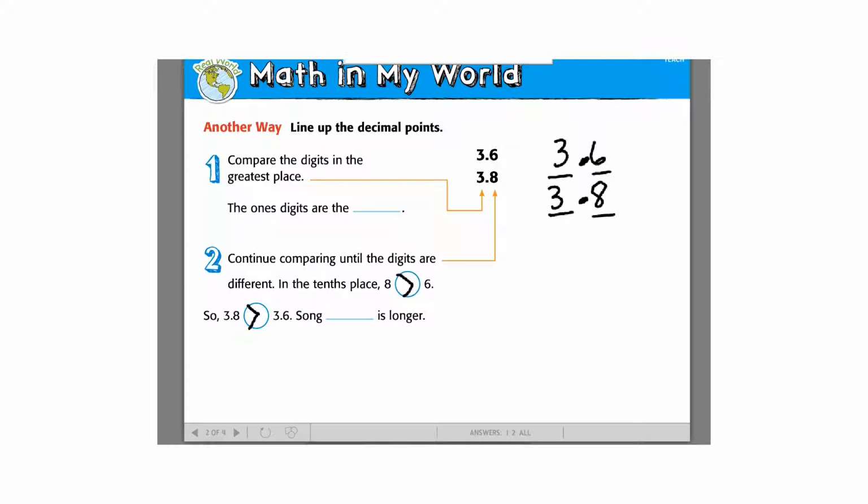That's what I meant to say. So that would be song number 2 is longer. Yes. And there's still one more question. It says the ones digits. The ones digit. Okay, so in number 1, the ones digits are the same. So the 3 and the 3 are the same is what they're trying to show you.